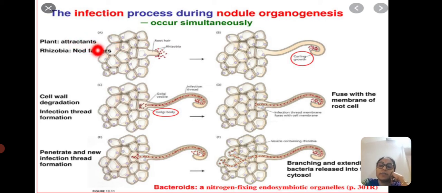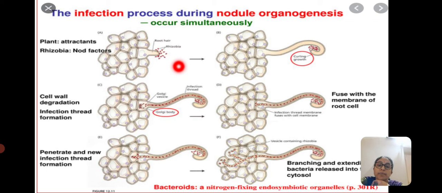Whenever the bacteria come to the vicinity of the leguminous plants, they produce some lectins. At the same time, the root hairs also produce some flavonoids. These flavonoids attract the bacteria to come and colonize near the root hairs.